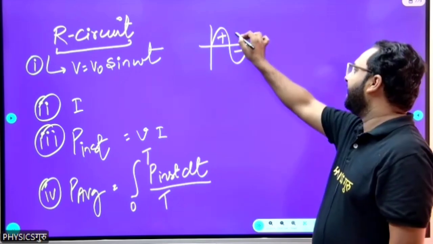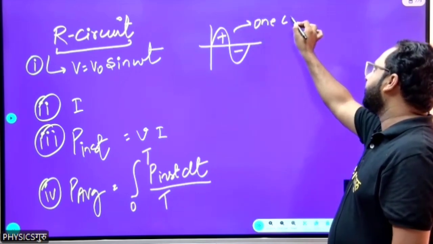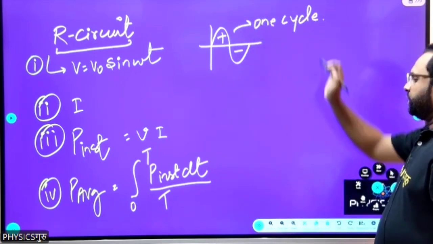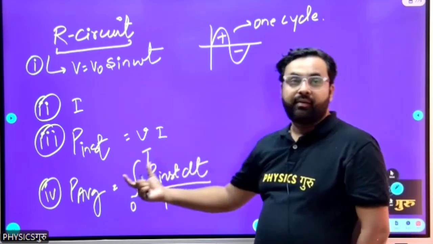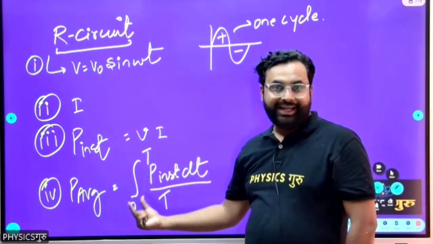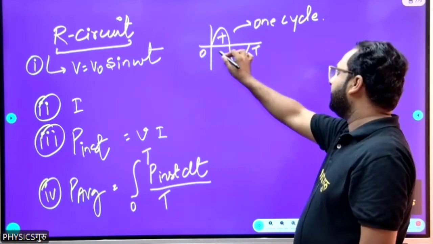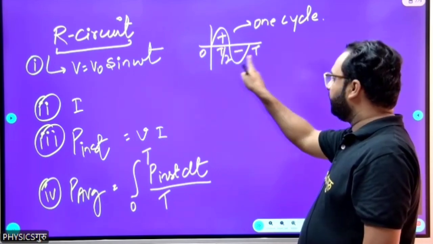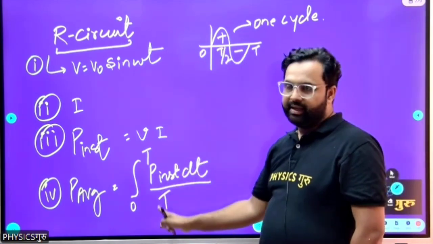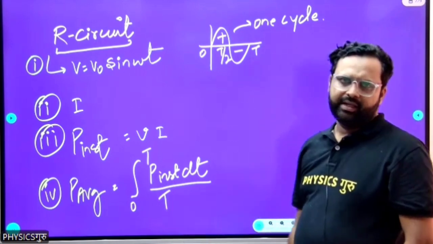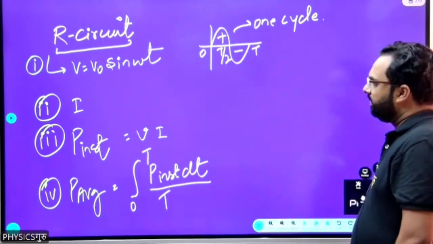This is called one cycle. So we are calculating average power loss in one cycle, that is integration from 0 to T. So we have 0, this is T, this is basically T by 2. So from 0 to T, P dt by capital T, that is one time period.